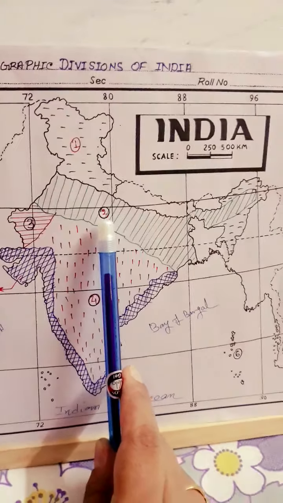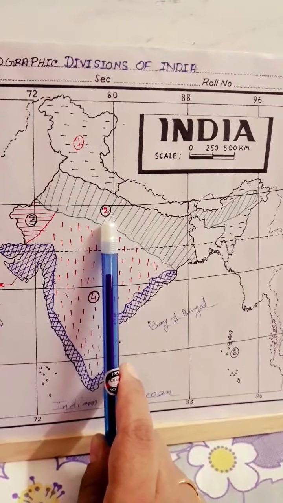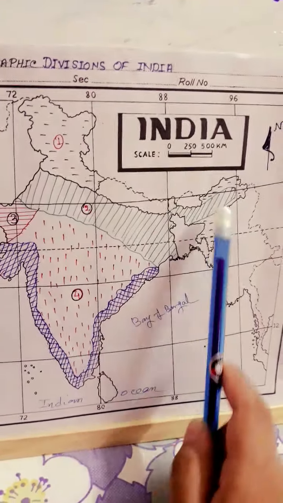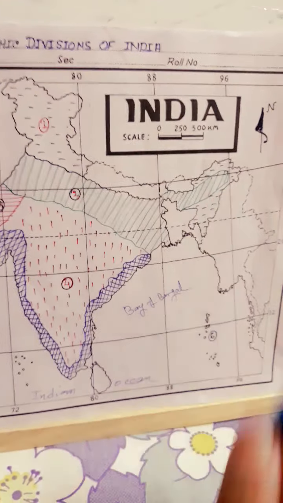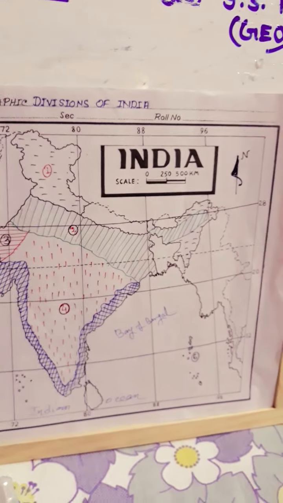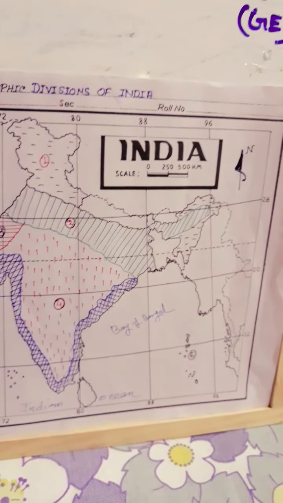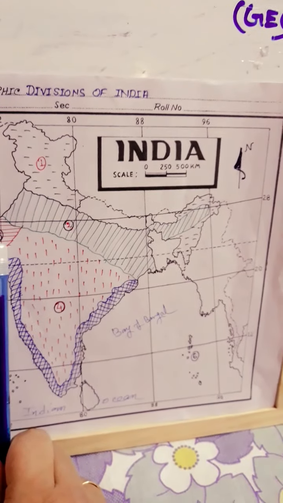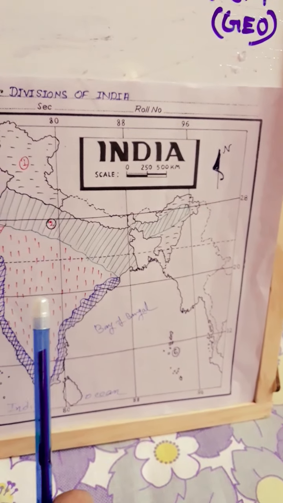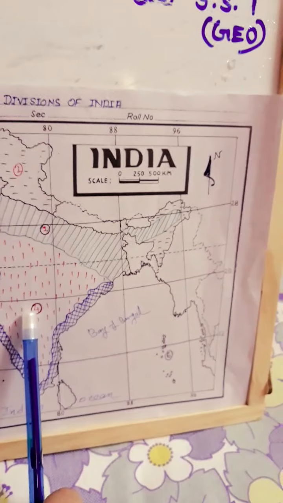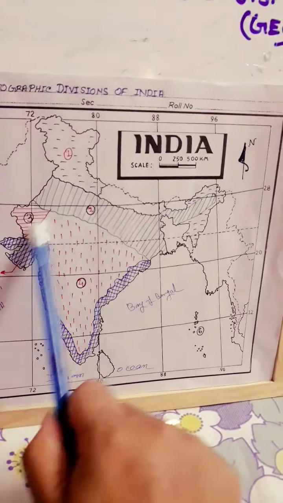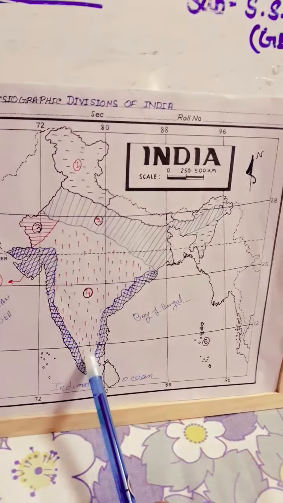This portion, number 2, which I have identified with green ink, is known as the Northern Plains. Next, number 3, the Peninsular Plateau. This portion I have demarcated with number 3, and it is known as the Peninsular Plateau, because you know that this triangular-shaped portion is known as a peninsula.